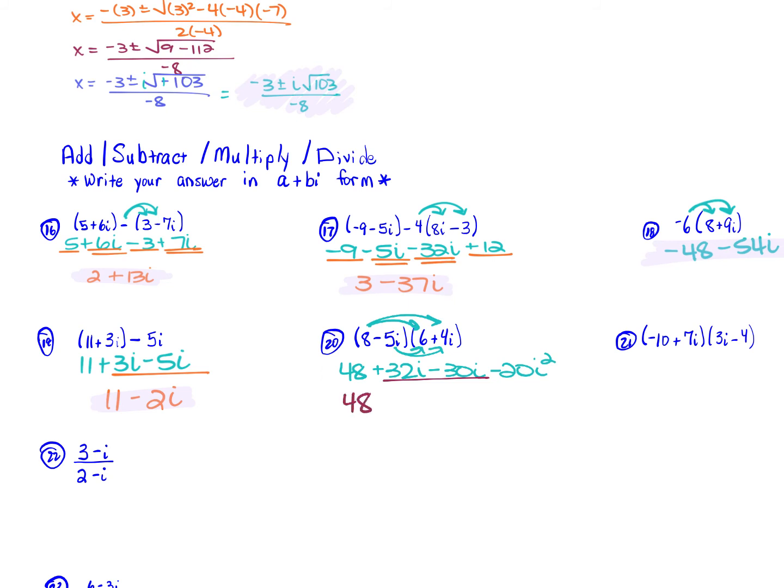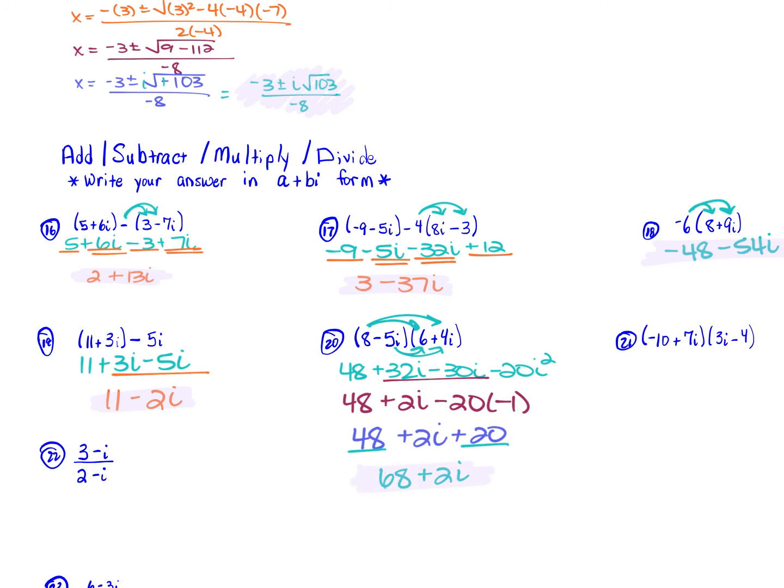So those combine to give us 48 plus 2I. That I squared is negative 1. So that's negative 20 times negative 1, which becomes a positive 20. So we have 48 plus 2I plus 20. You still have to combine like terms here. So 48 plus 20 gives us 68 plus 2I.